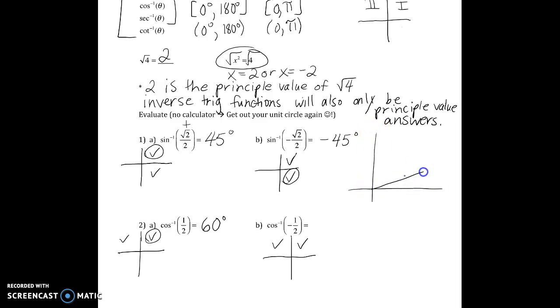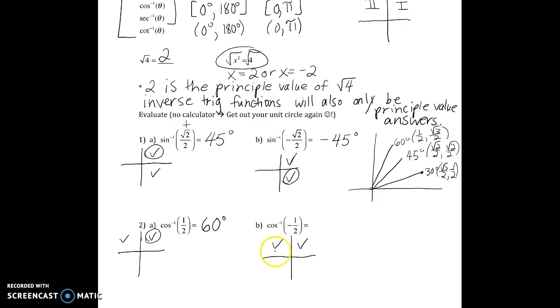Remember, our main values that we're focusing in on are 30, 45, 60, with root 3 over 2, 1/2, root 2 over 2 for both, and 1/2, root 3 over 2. So if cosine is our x value, that's going to be the shorter one for 60.